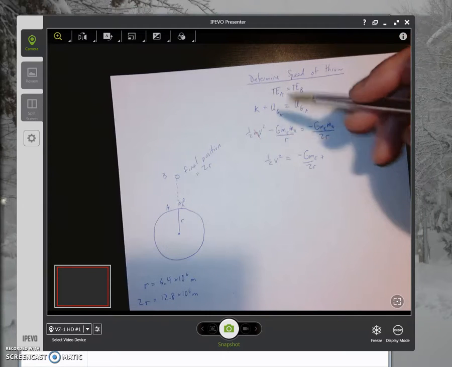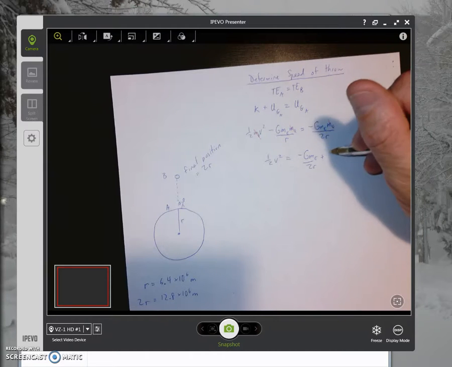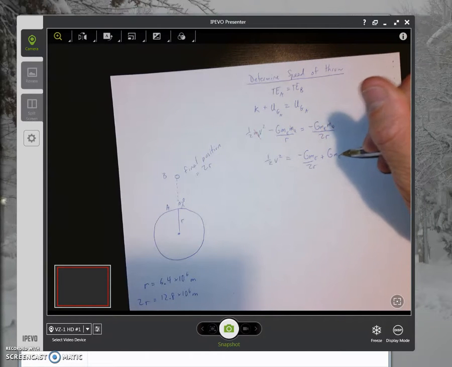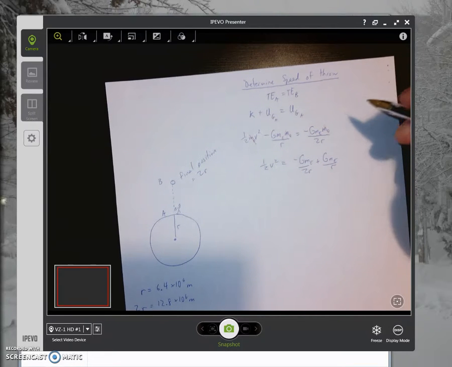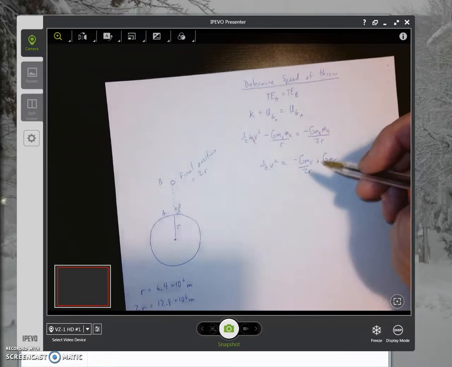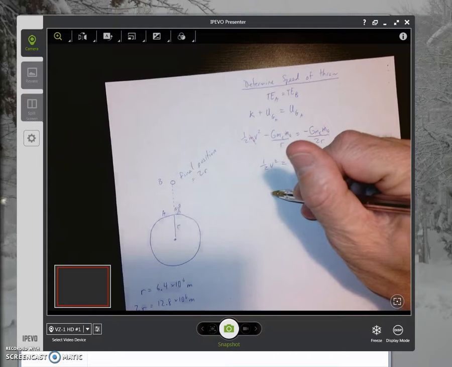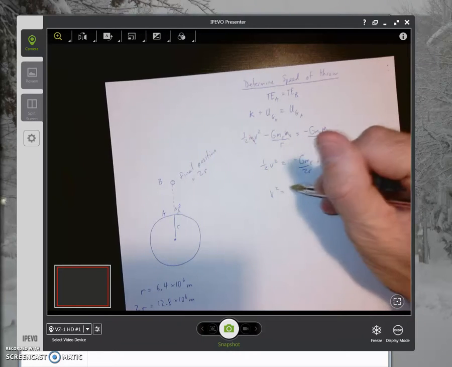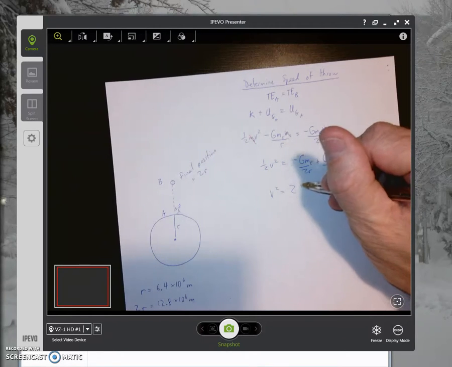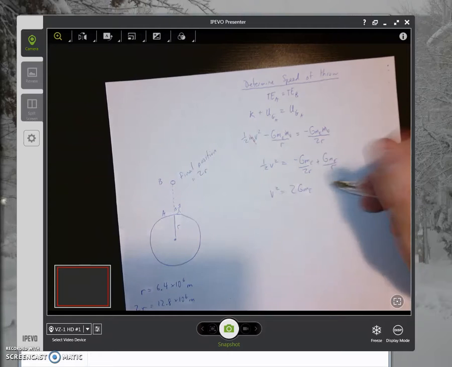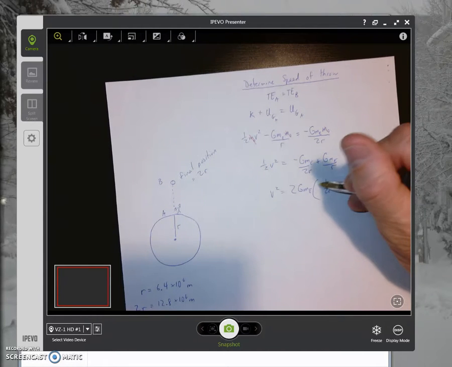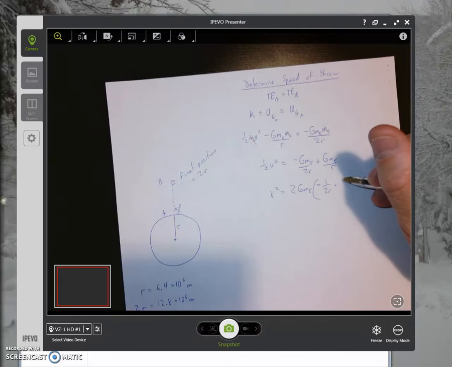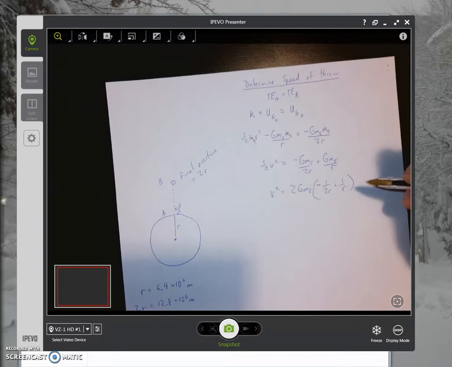I'm adding this to both sides, so that becomes plus G mass of Earth over r. And I could further simplify that and multiply both sides by 2. V squared equals 2, and I'm going to factor out G mass of Earth times negative 1 over 2r, plus 1 over r.